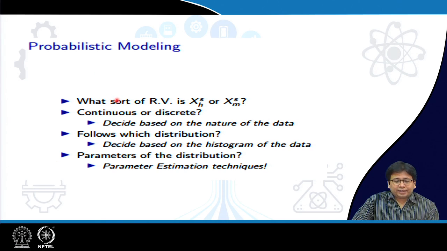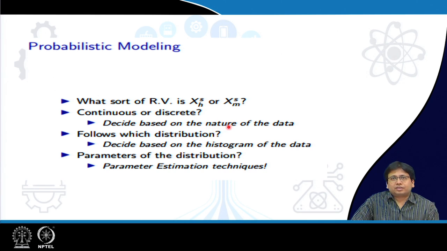If we are doing that, then there are some design choices which arise. So what sort of random variables are these going to be? We know that random variables can be continuous or discrete. We can decide that based on the nature of the data. If we are measuring something like the amount of rainfall or the temperature, then obviously that's a continuous random variable, so we will be using some probability distribution which is suitable for continuous random variables, like Gaussian distribution, gamma distribution, and so on.